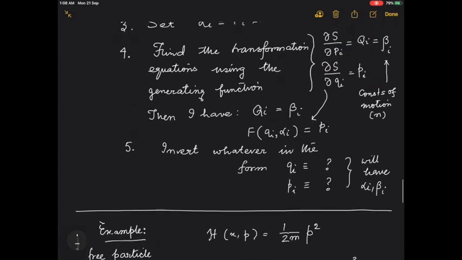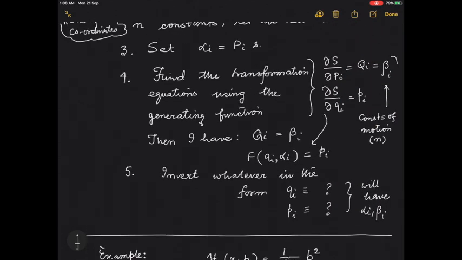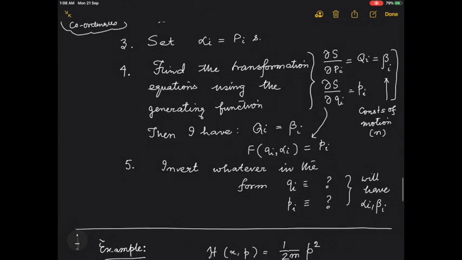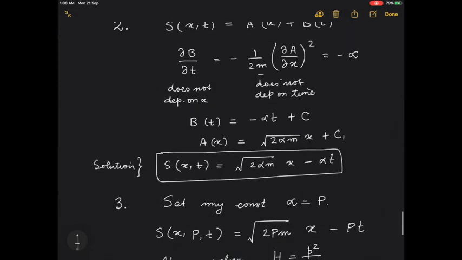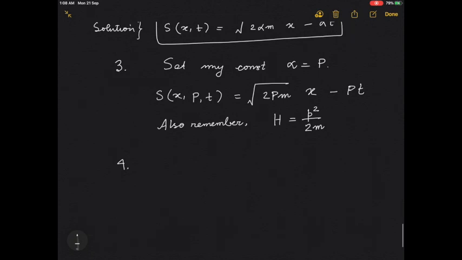Okay, so let's come to the fourth step, where I use these two relations. Let's calculate del S del capital P. It will give me capital Q, which is del S del capital P, which is a little complicated, but still let me try to write it down.